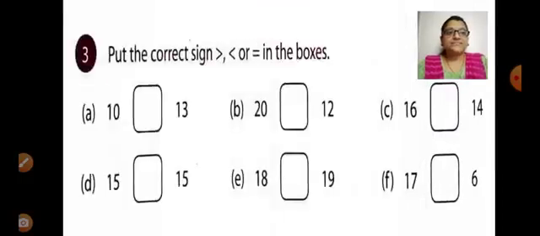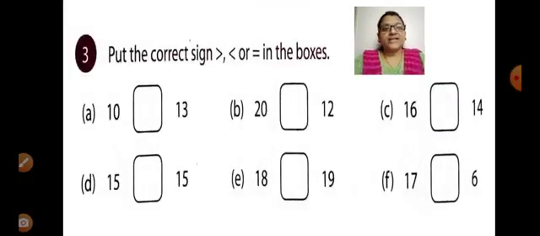Next. Question number 3, put the correct sign more than, less than or equal to in the boxes. Now let us read and solve. First, 10 dash 13. 10 is less than 13. So put less than sign. Next, 20 dash 12. 20 is more than 12.